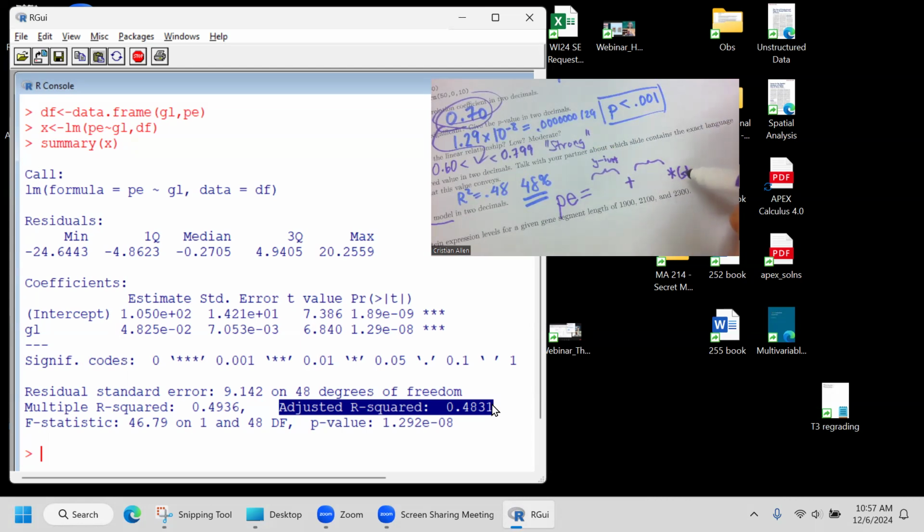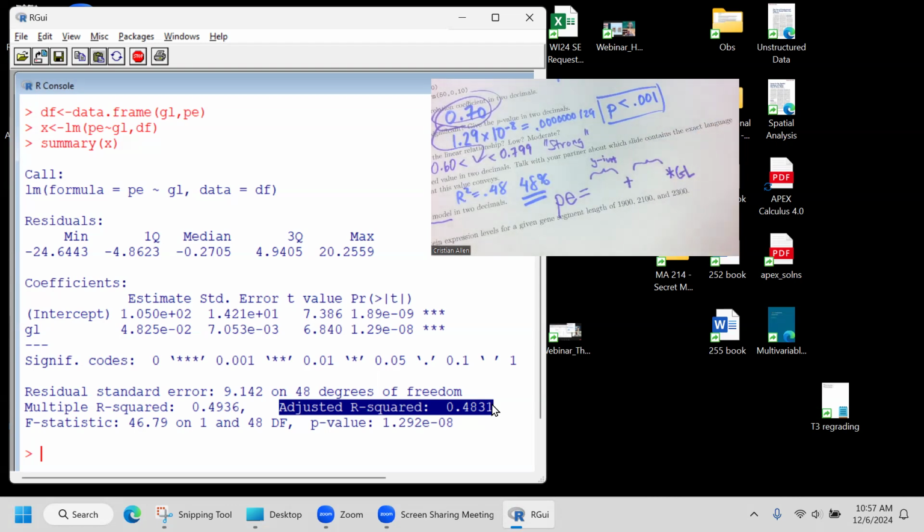So if a person would come in and say, hey, the gene length I found in the lab is 1800, you would multiply that by this number and add the y-intercept, and you would say, oh, well, I predict that the expression level is blah, blah, blah. So if a person would give you the gene length, you would multiply and then add.